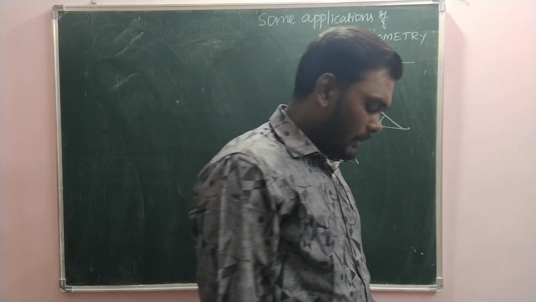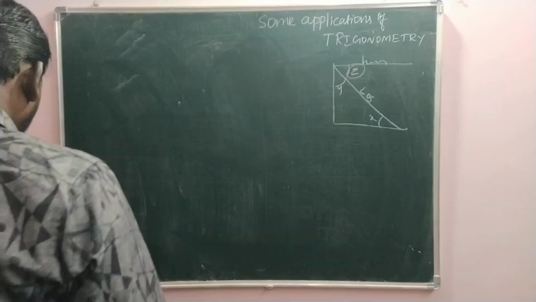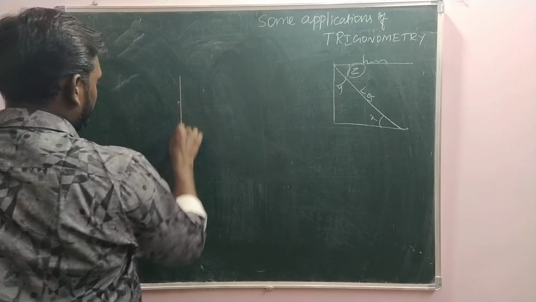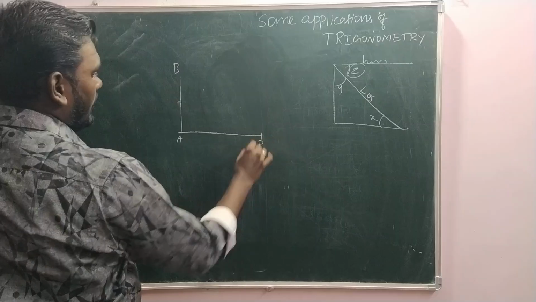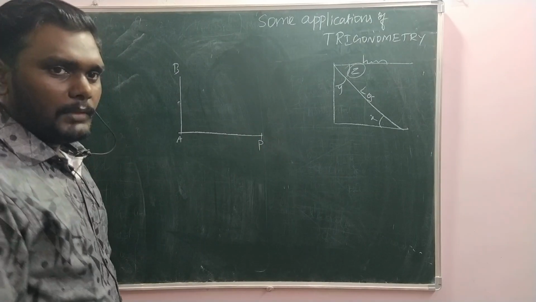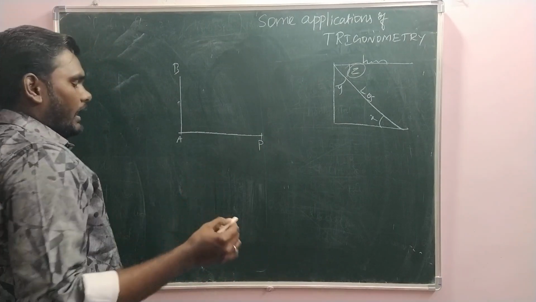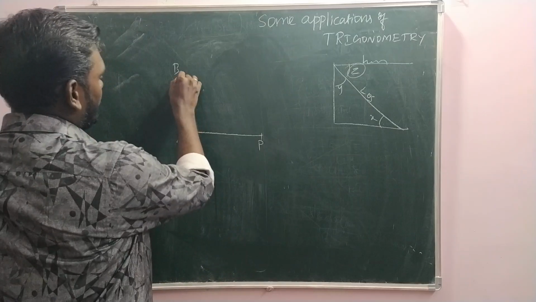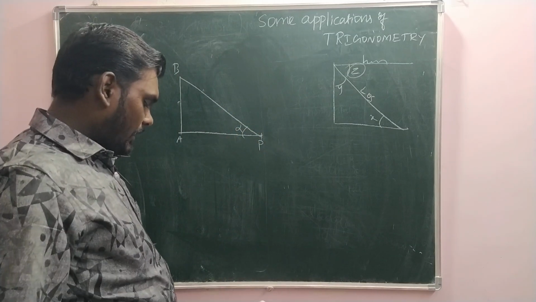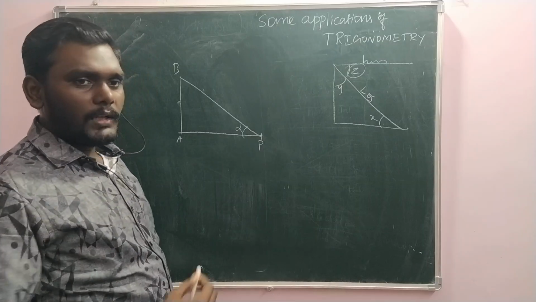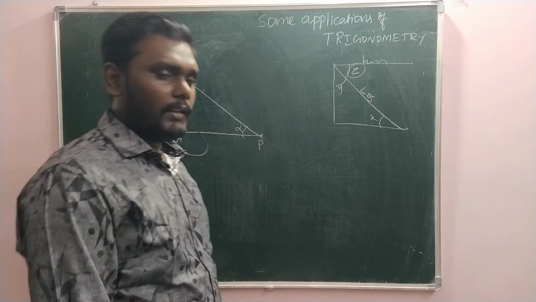The angle of elevation of the top of a tower from the point P on the ground is alpha. Let AB be the tower. From the point P, draw the diagram near the question itself. The angle of elevation of the top of the tower from the point P is alpha. And after walking a distance d towards the foot of the tower, these things are very important.